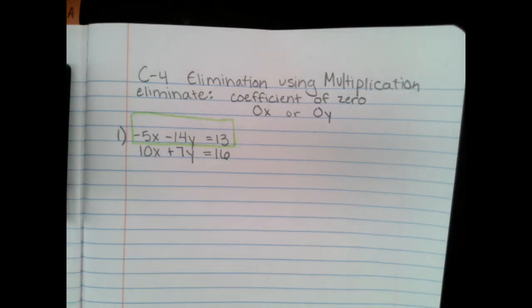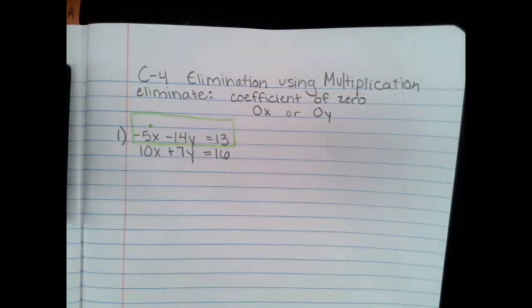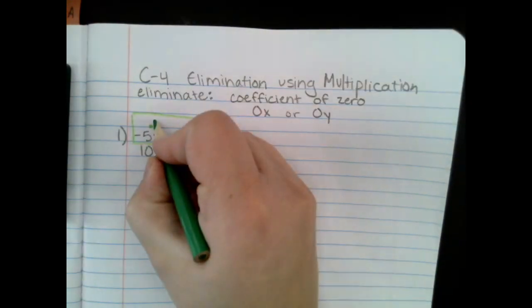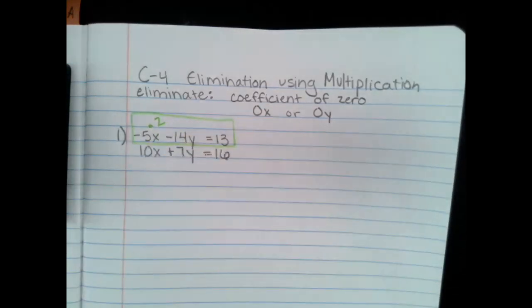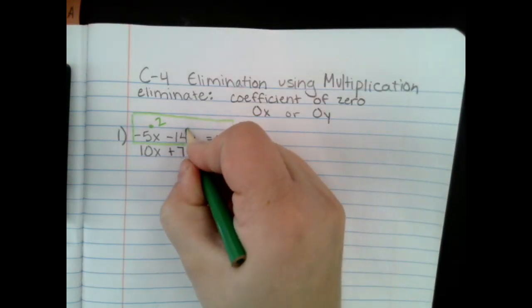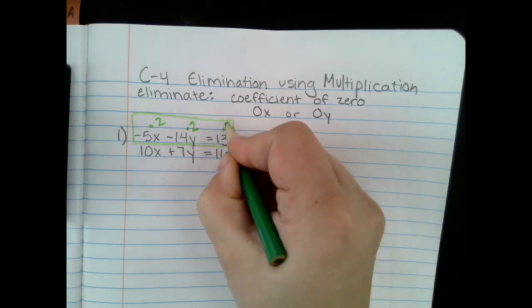So negative 5 times what would give me something either 10 or negative 10? Negative 5 times what is 10? 2. And we could either do positive 2 or negative 2, either one. I'm just going to keep it positive 2 because that's easier for my brain. But if I multiply one thing by 2, I have to multiply all the things by 2.